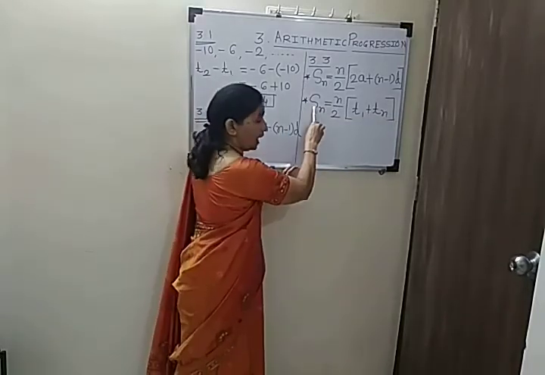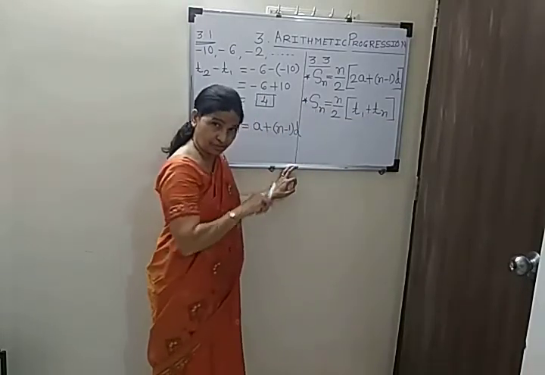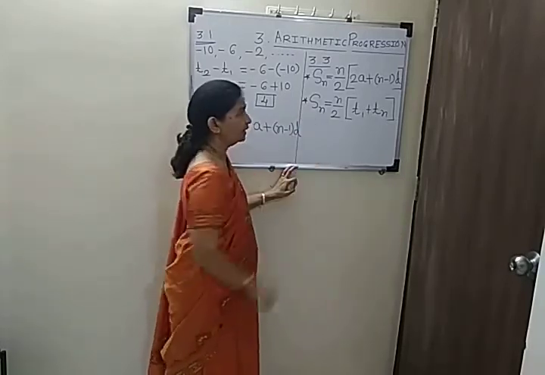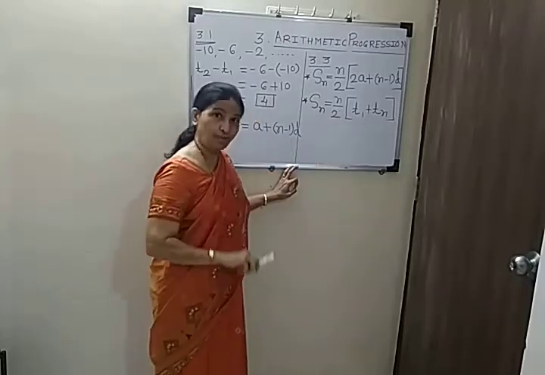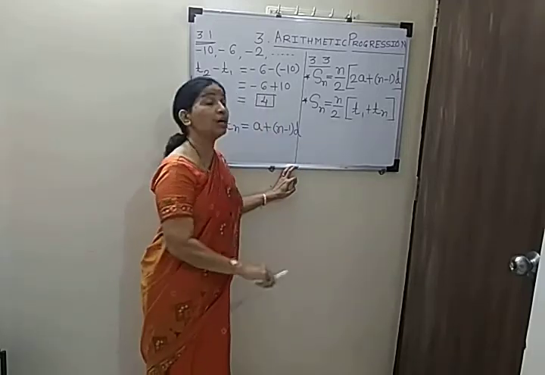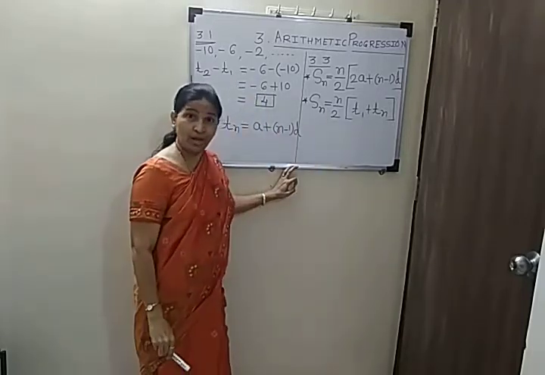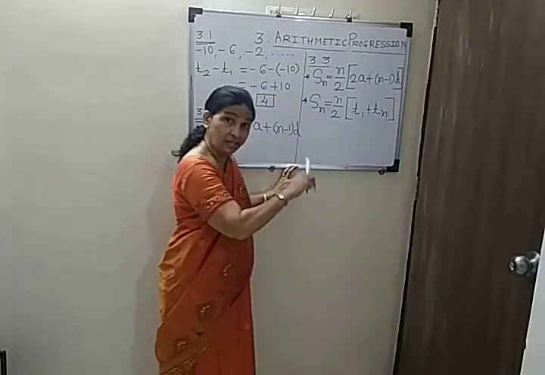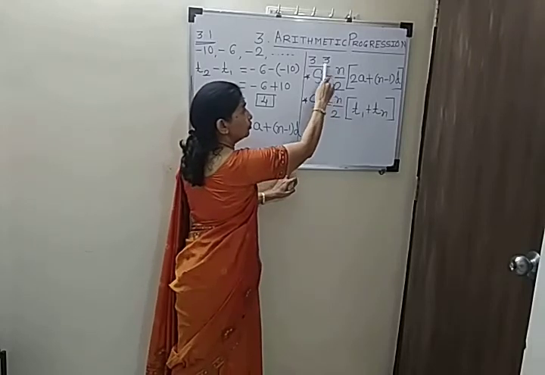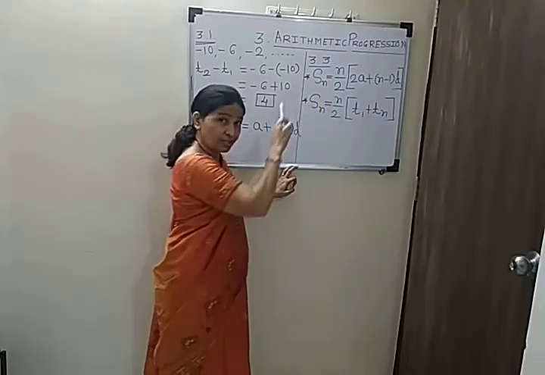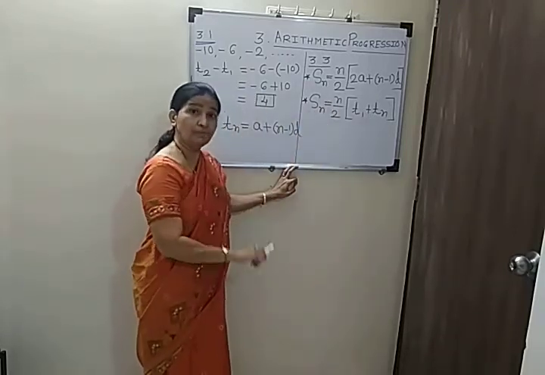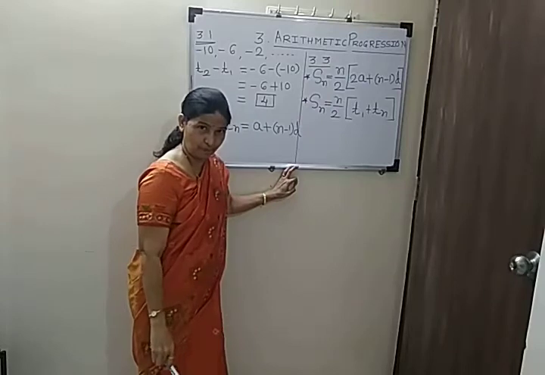So again S stands for summation, n stands for the number, T1 is the first term of the given AP, and Tn is the last term of the given AP. Using these two formulas, we can find the sum of the terms of a given AP.